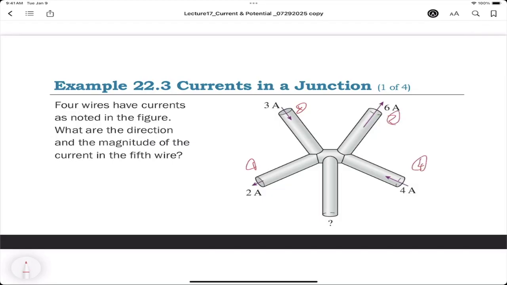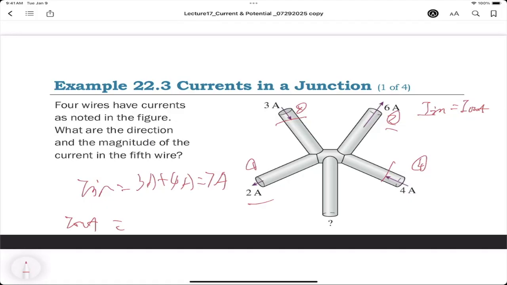Let's talk about it. According to Kirchhoff's law, I in should equal I out. For now, this is I in, this is I in. So I in equals 3A plus 4A equals 7A, and I out for now equals what?